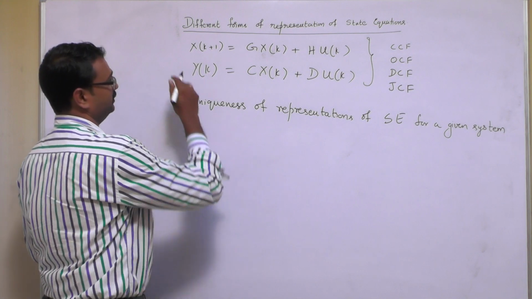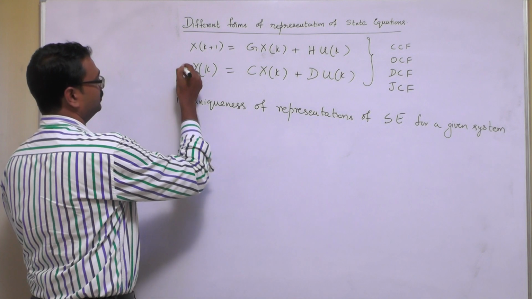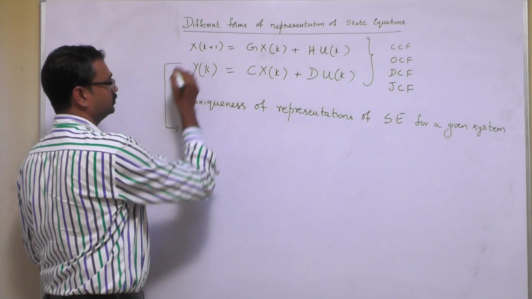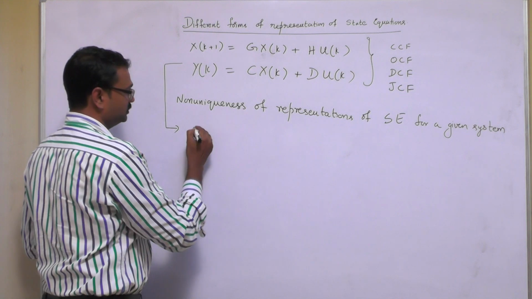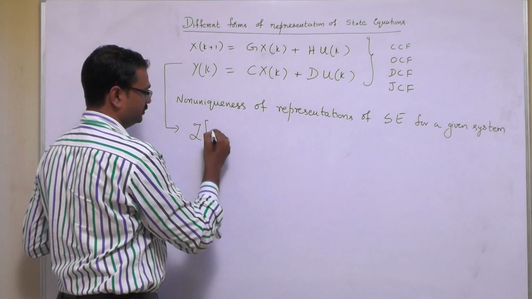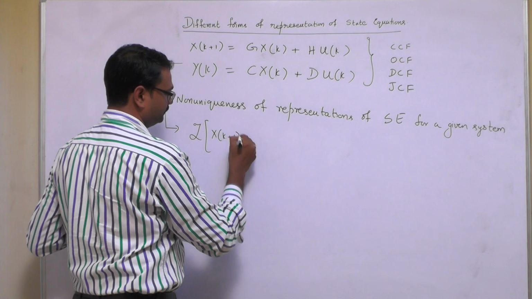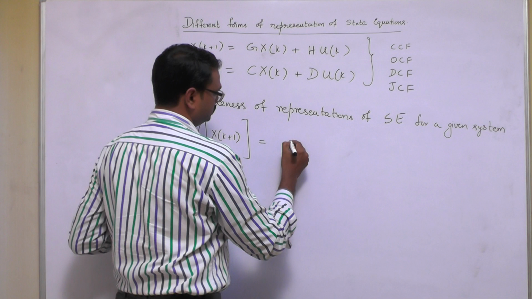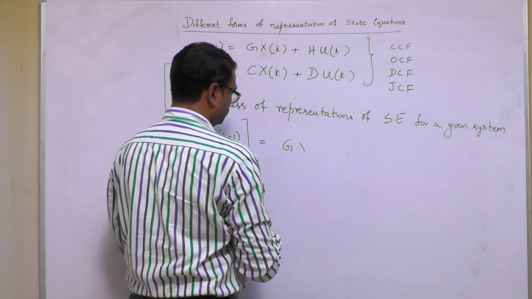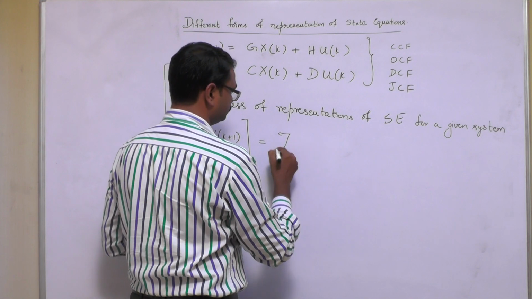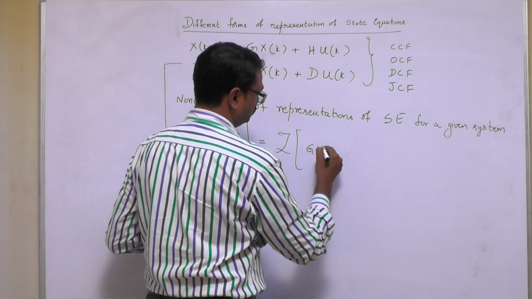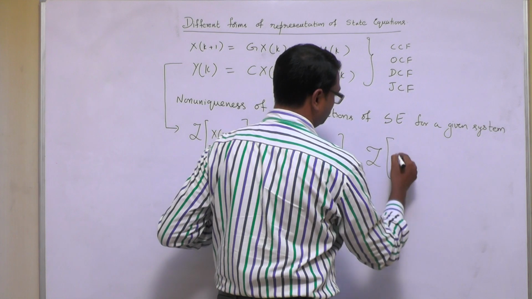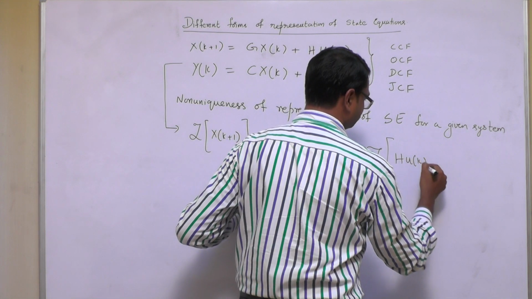Here let us say we can go for, now when you apply Z transforms to these two equations, so Z transform of x of k plus 1 is equal to Z transform of G into x of k plus Z transform of H into U of k.